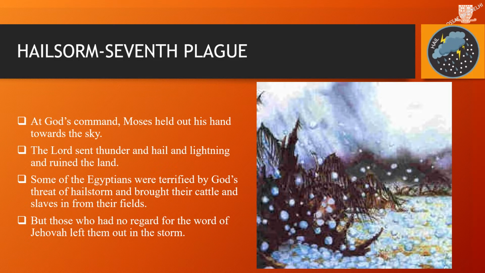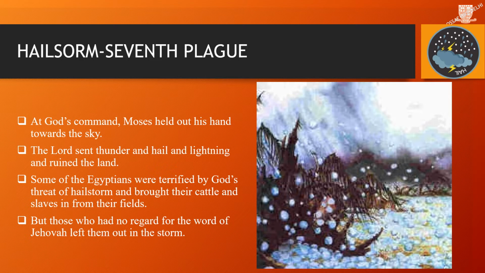Some of the Egyptians were terrified by God's threat of hailstorm, and they brought their cattle and slaves in from their fields. But those who had no regard for the word of Jehovah, Jehovah meaning God, left them out in the storm. Many people thought that no harm was going to be done, and so they left their cattle and their slaves in the fields, and all those got destroyed.